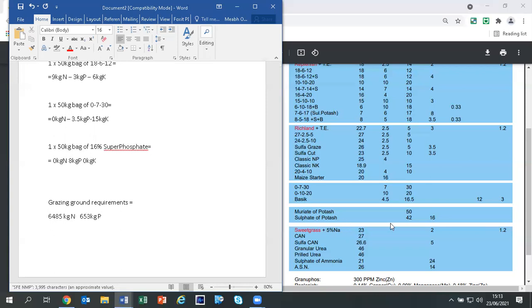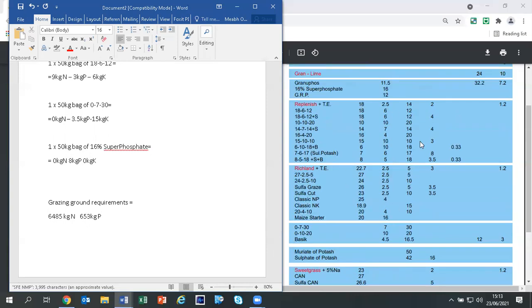So what we can do is have a look at the breakdown of our fertilizers and see, is there any of those that have a ratio of 1:10 in terms of phosphorus and nitrogen?